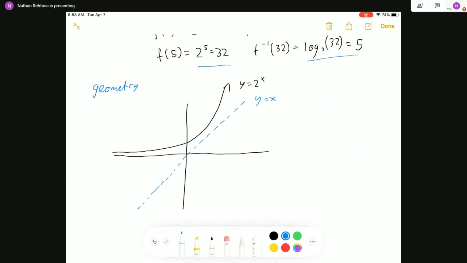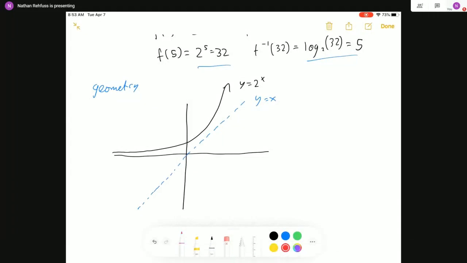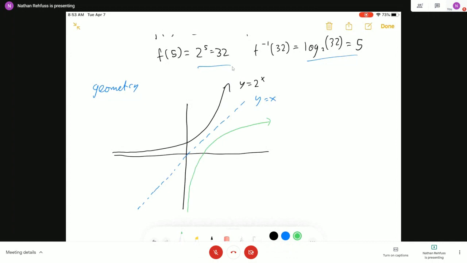So in this case, imagine that this blue diagonal line is a mirror, and imagine that this black curve is the function. So picture what the mirror image is going to look like. Like if (5, 32) is on this graph up here, then (32, 5) is on the green graph over here.